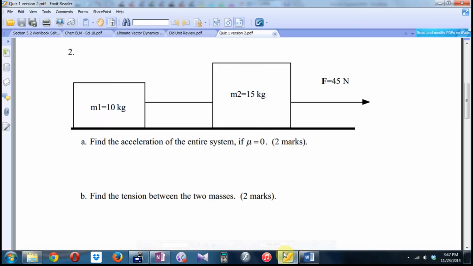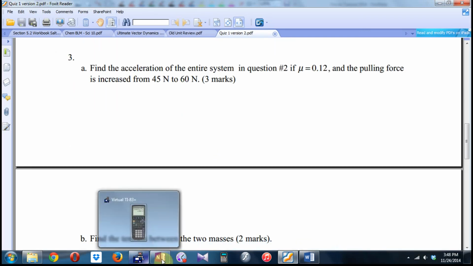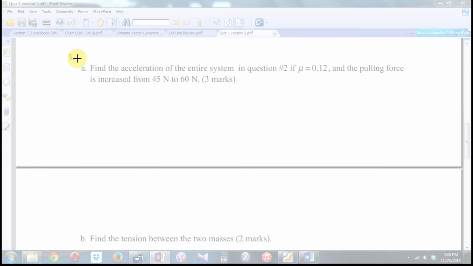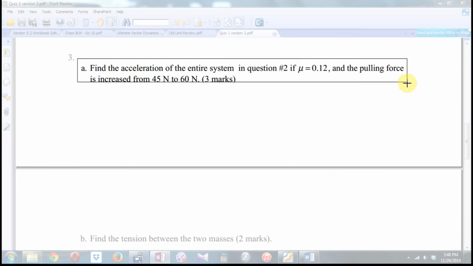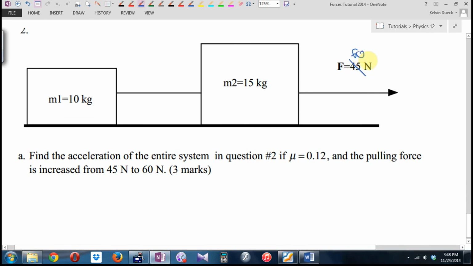And then I'm cleverly going to go here. Like that. Hey, I got it all on one page. Good enough. So that is changed to 60 newtons. And now there is a mu of 0.12 between both of these masses. Is that right? Okay. Any thoughts on how we're going to start?